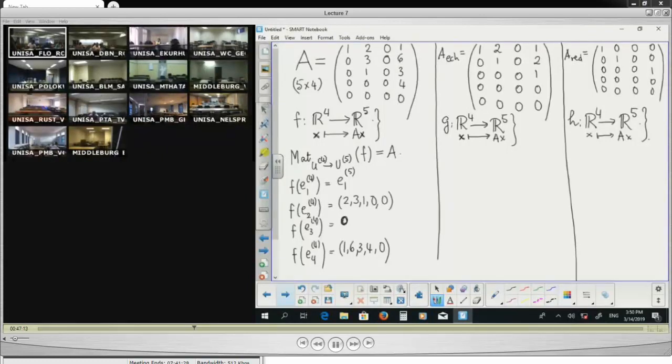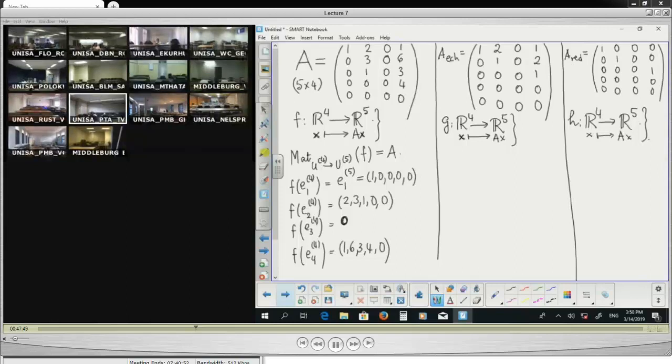Excuse me, sir. Can you please explain, because you have f of E1 4 equals E1 5. So what is f of E1 4? Well, you told me this one. Yes, I know.